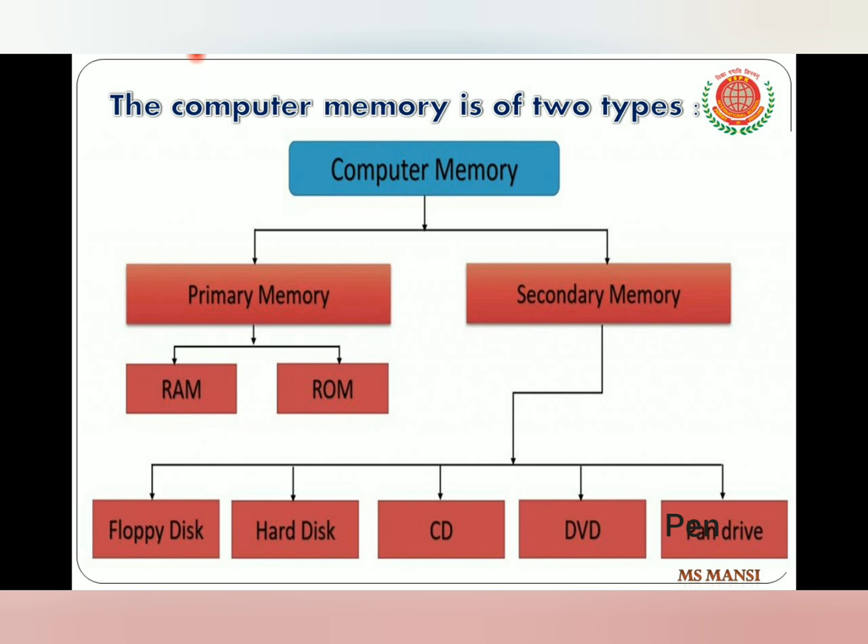First is RAM and second is ROM. Secondary memory consists of five types. First is floppy disk, second is hard disk, third is CD, fourth is DVD, and fifth is pen drive.